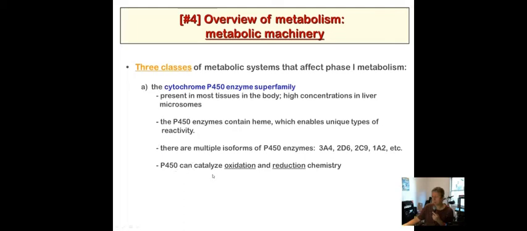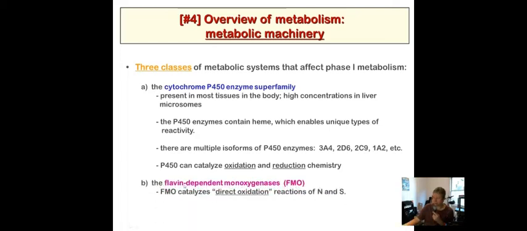Okay, P450 can catalyze oxidation and reduction reactions. And then we also have the flavin-dependent monooxygenases, FMO. So these often will directly oxidize like a nitrogen or sulfur. So a nitrogen in an amine, nitrogen with 3 things on it, will get an extra oxygen added onto it.